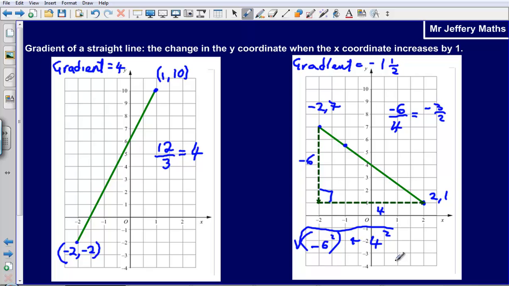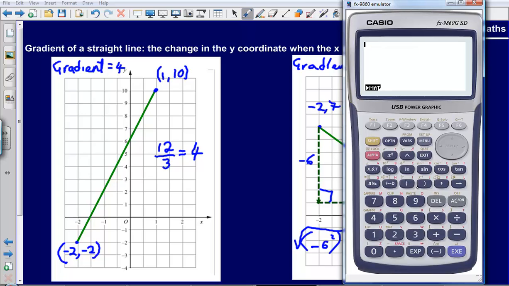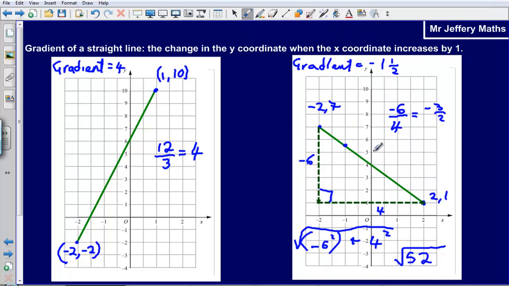So the square root of 36 plus 16, so the square root of 52. And so then the square root of 52, I could just work that out. And so the length of my line here is 7.2 units. So the length of this line from the coordinate here, -2, 7, to the coordinate here, 2, 1, the distance is 7.2.